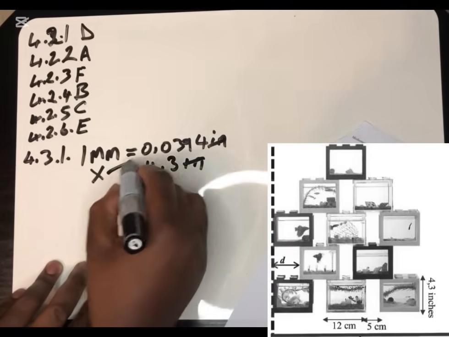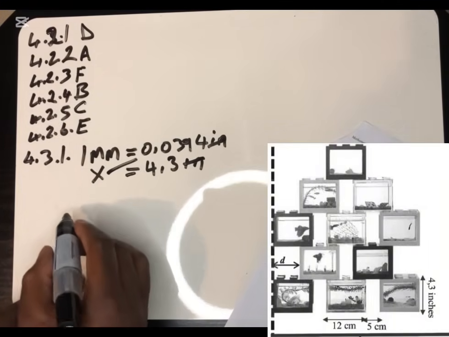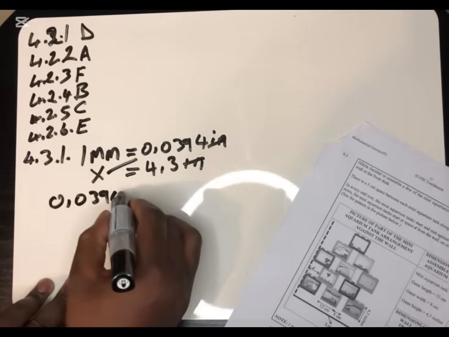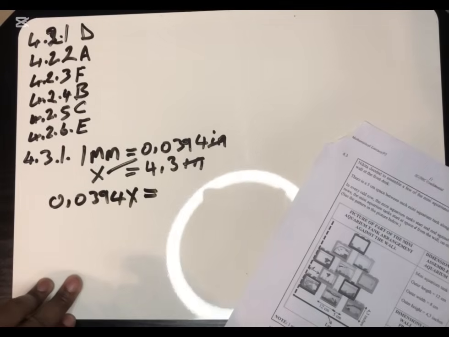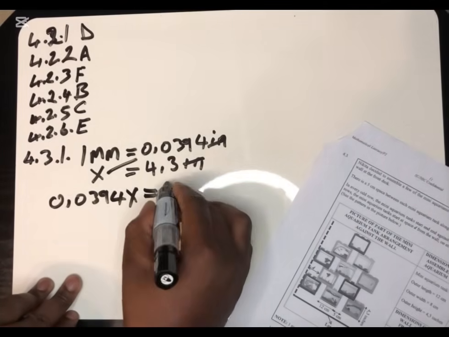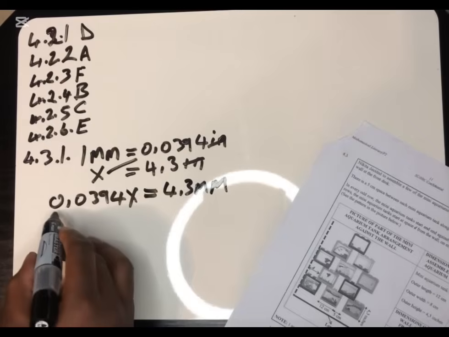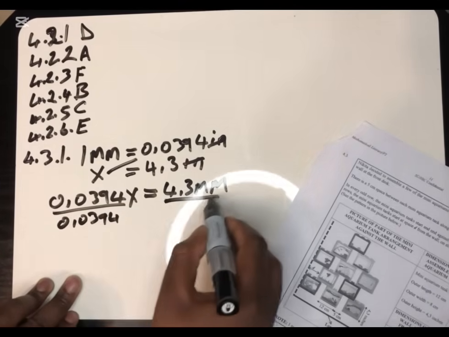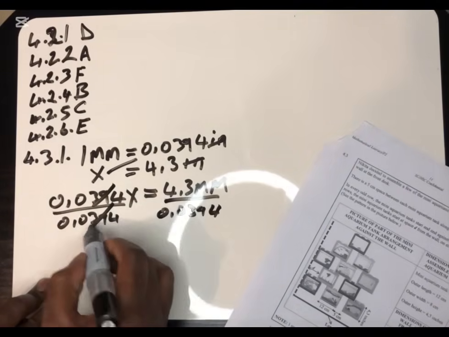Then you do the cross multiplication. We have x multiplied by 0.0394, which is the same as 0.0394x equals 4.3 multiplied by 1 millimeter, the same as 4.3 millimeters. We divide everything by 0.0394, and this and this will cancel.